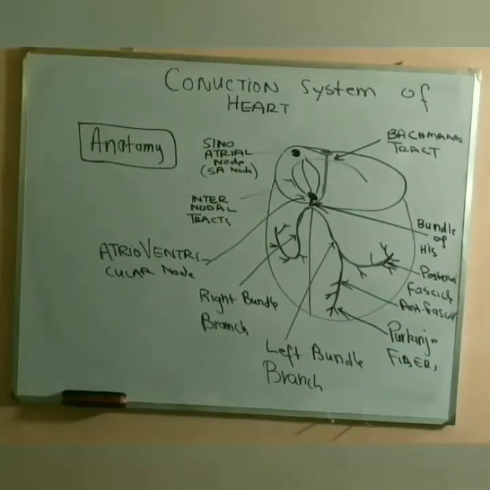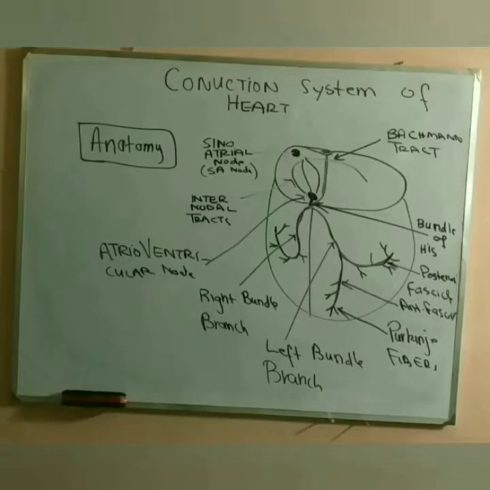Okay, let's talk about the anatomy of the conduction system of the heart. It starts from the sinoatrial node or SA node. SA node is anatomically located in the right atrium at the point where the superior vena cava is entering the right atrium.